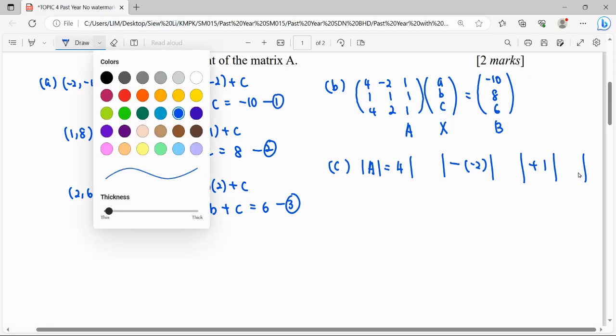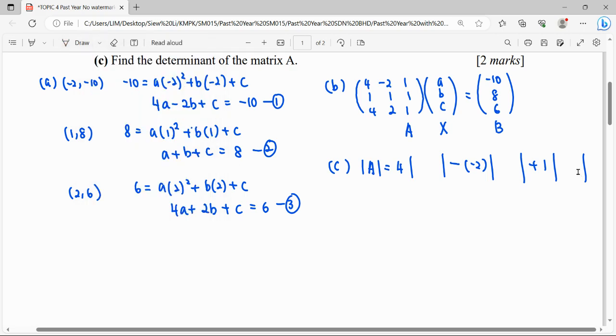So how are we going to find our minor? We eliminate the first row and first column. So we will have 1, 1, 2, 1. For the vertical part, copy and paste. For the first one, we go to the last one. And then vertically, the numbers here are 1, 4.